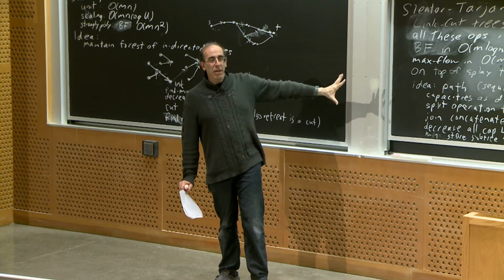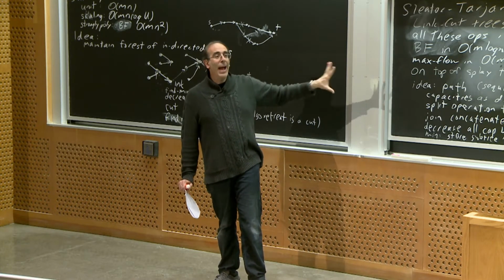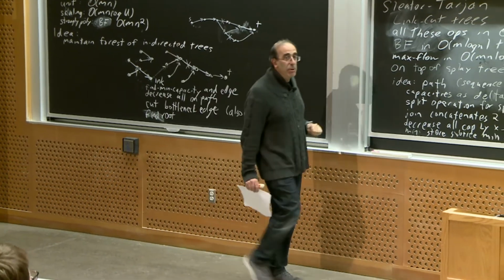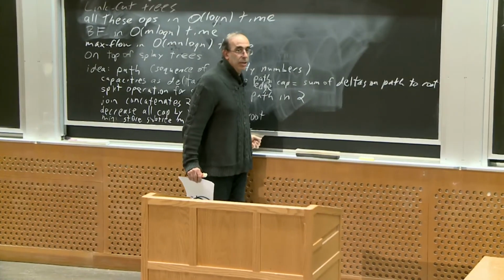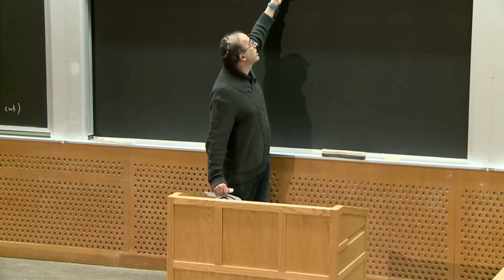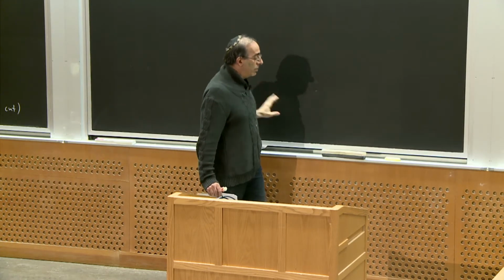So it's very straightforward, actually, to design a path version of this data structure on top of splay trees. It takes a little bit more work, but less than you would think, to generalize this to working with arbitrary trees.